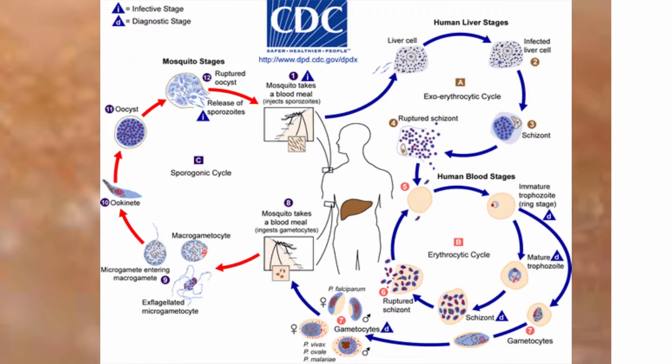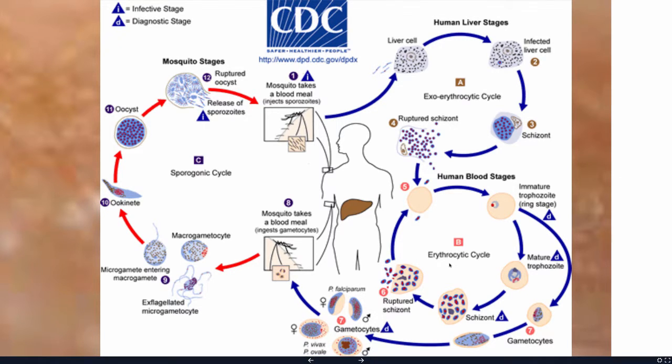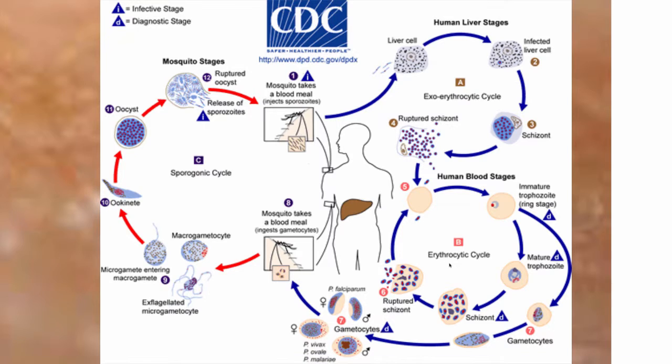Plasmodium is the protozoan that causes malaria. I don't want you to pay attention to the details of this, but you can see this is an extremely complicated life cycle, an alternation between mosquito hosts and human hosts. These things can cause death in the human host, obviously, but the Plasmodium doesn't really care because it's got a mosquito to go to after that.